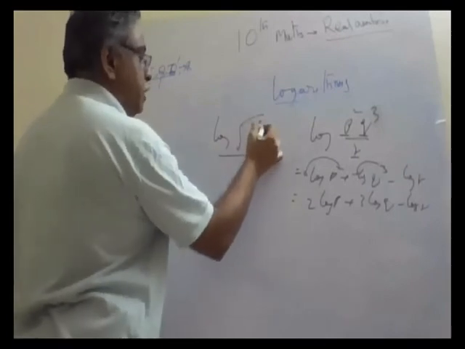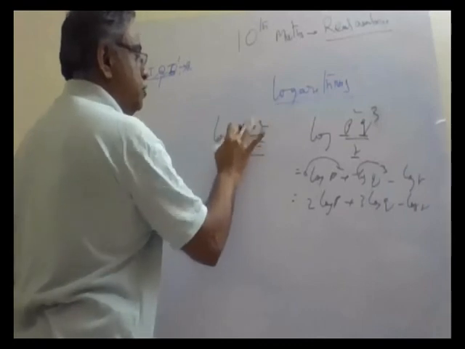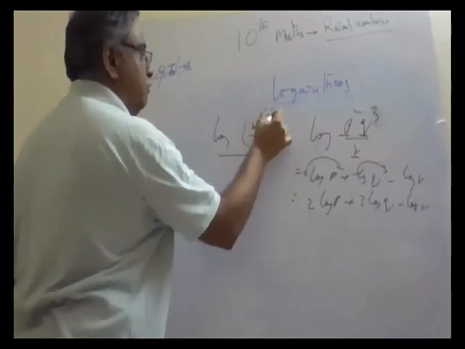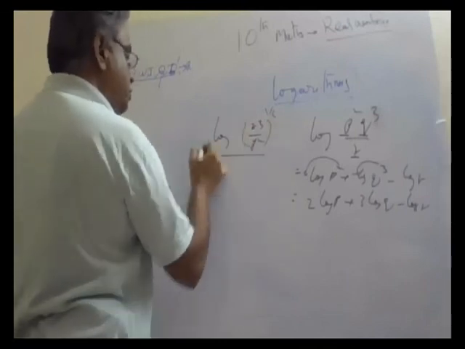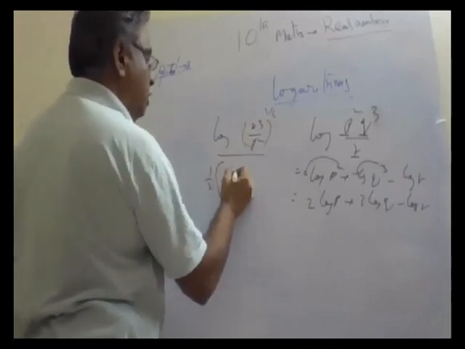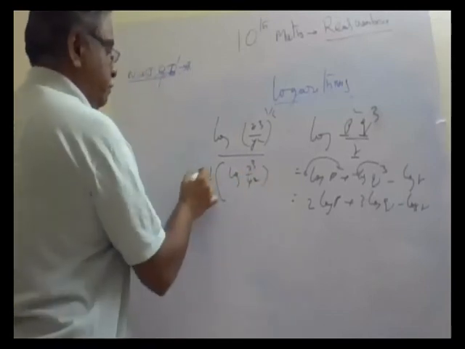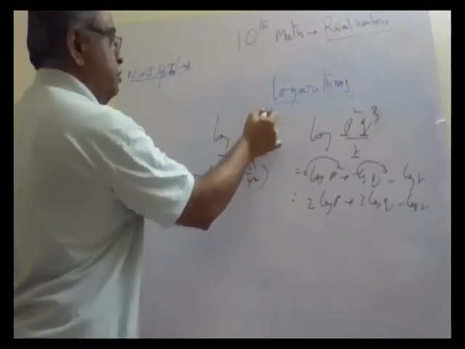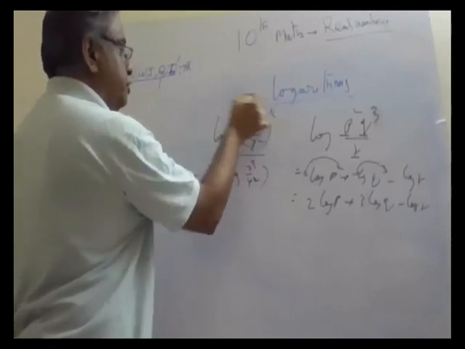This is a by b. Root means to the power of half. So half comes here, half into log of x cubed by y square, because square root has become to the power of half. Log x to the power of m is equal to m log x.